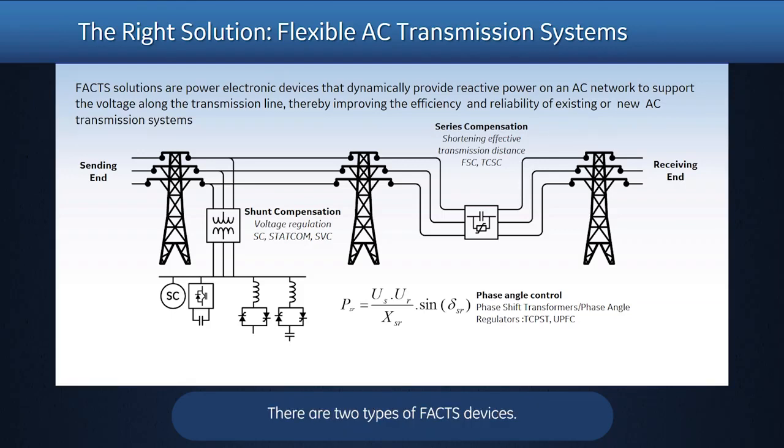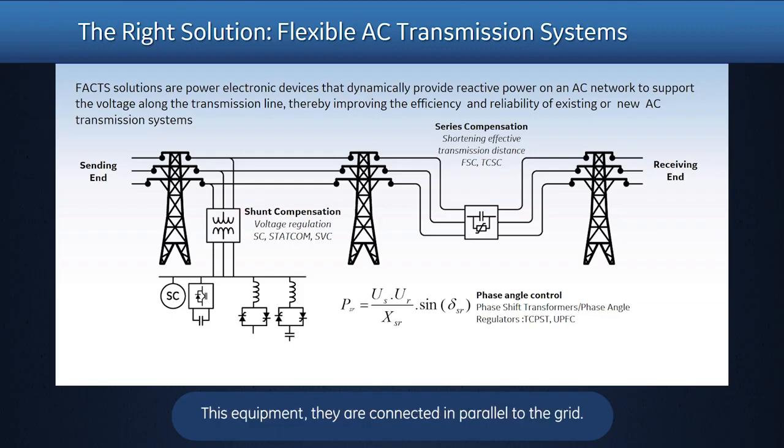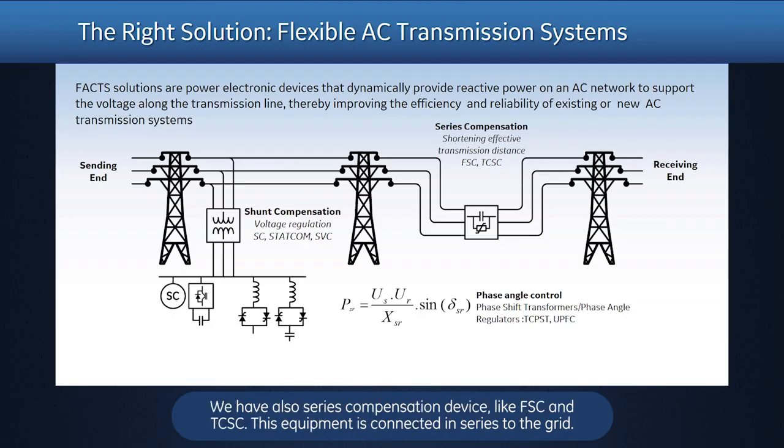There are two types of FACS device. First, shunt compensation devices like synchronous condensers, SVC, or Statcom. This equipment is connected in parallel to the grid. We also have series compensation devices like FSC and TCSC. These equipment are connected in series to the grid.